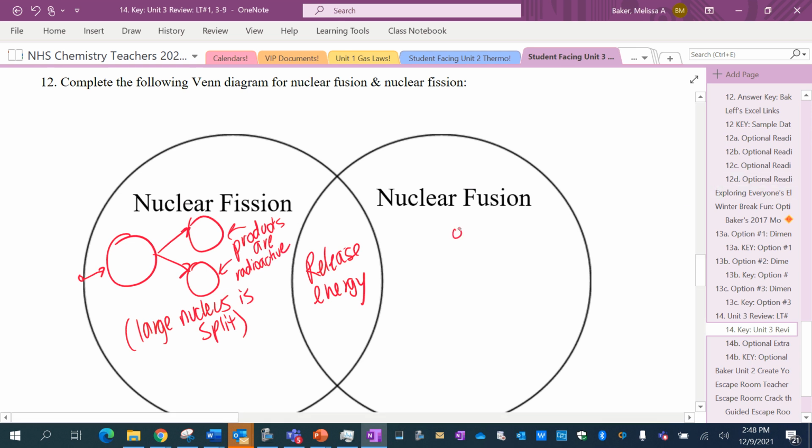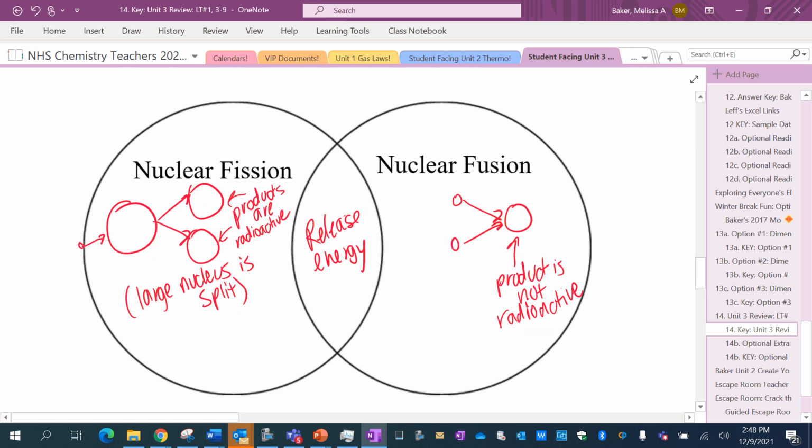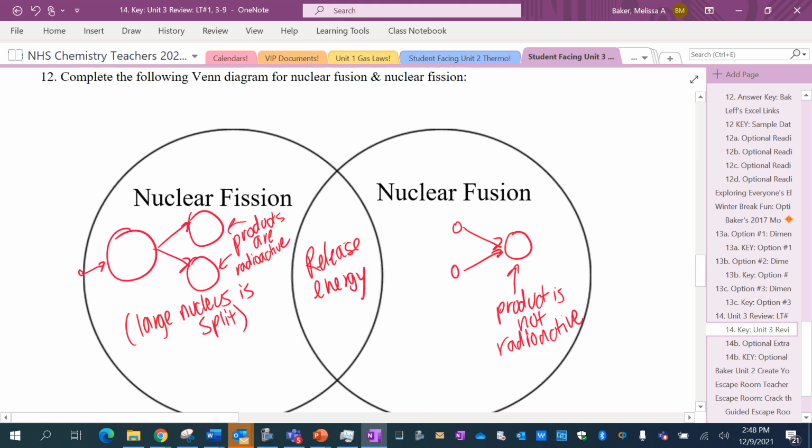Nuclear fusion, on the other hand, is when two small nuclei fuse together to make a new, larger nucleus. So the product is not radioactive. And you could get into some more detail here.